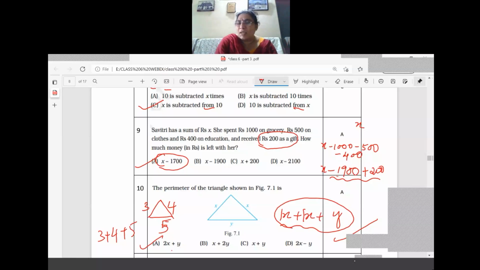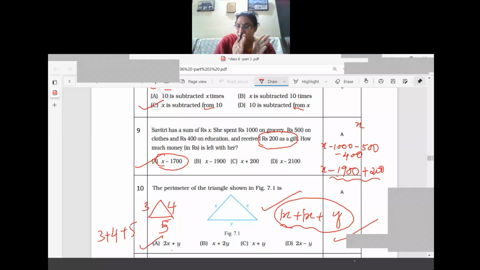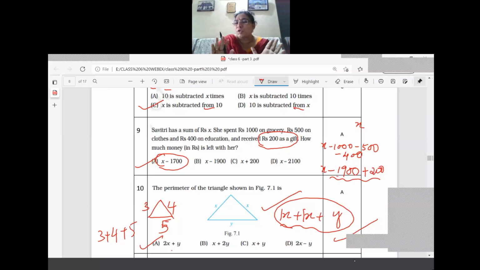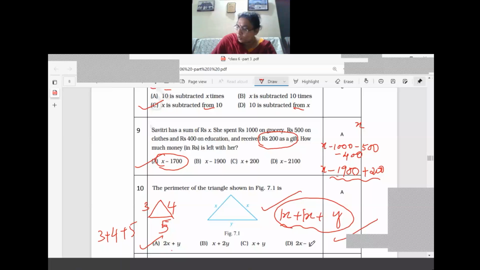But at your level, you can write the answer as x plus y. After teaching, in the last exercise, I'll teach you how to add the variables. Now you got the idea how to add the variables: x plus y, because all three values we don't know, they are shown by variables only. So x plus y, you can also write as the answer for this option, right?